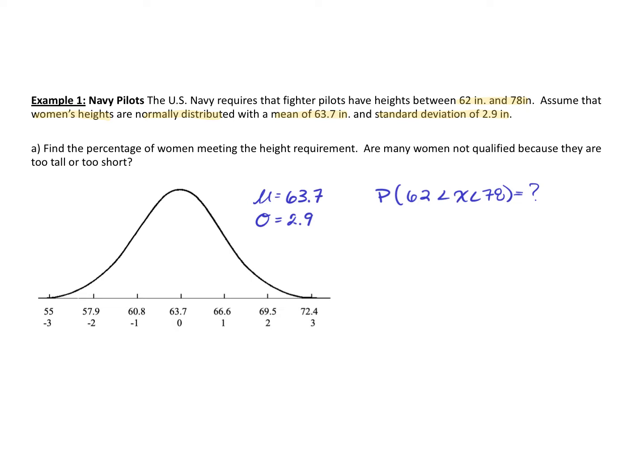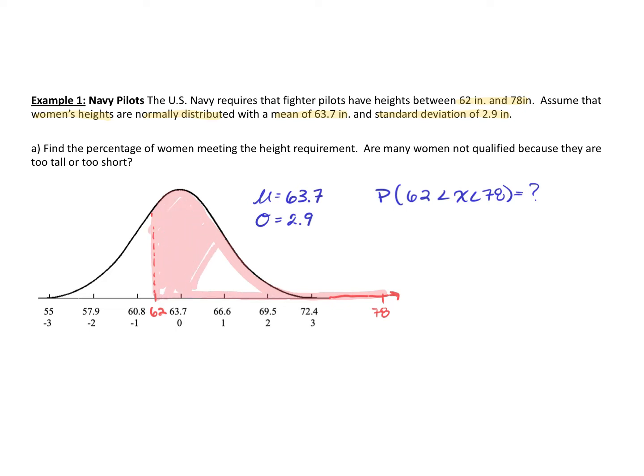In red here, I'm going to mark where 62 is on my distribution, and it's probably somewhere around there. And then 78 is probably closer to the right-hand side, somewhere over here. So the percentage of women who meet this height requirement is going to equal the area of the red shaded region. So let me shade in the area under the curve that is between 62 and 78 inches.